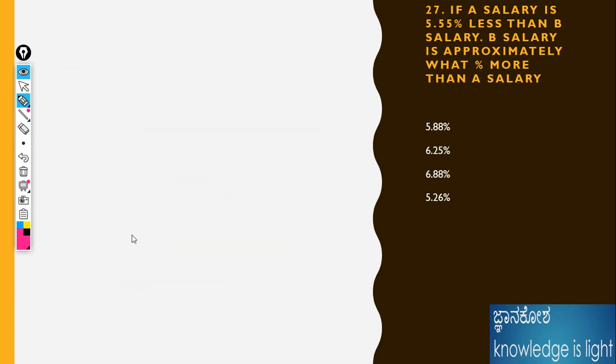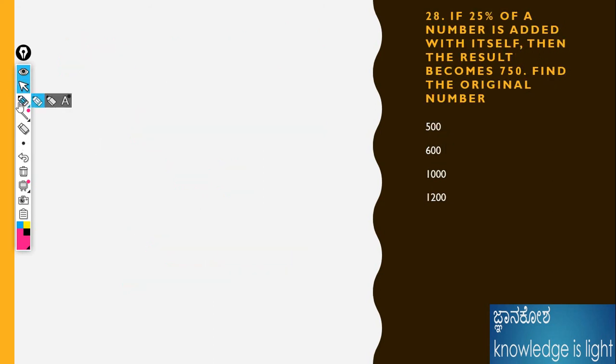Okay, for the next problem, if 25% of a number is added to itself, I will show the first basic method. If 25% of the number is added with itself, I don't know the number, so I will consider it x. Then 25% of that number, 25 by 100, which is 1 by 4, I will write.